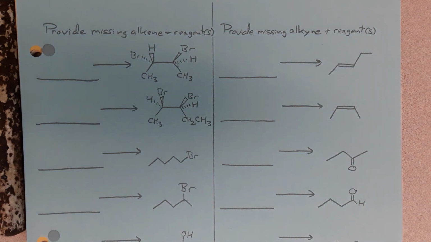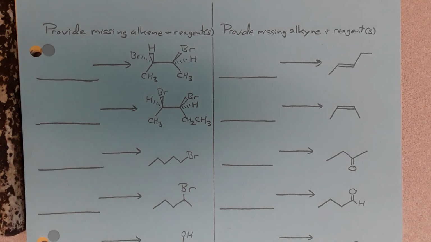What I want to say is that one of the course objectives of the second semester of organic is to be able to design multi-step synthesis of organic compounds. And so one of the things that you do in figuring out how to make a compound is you work backwards.